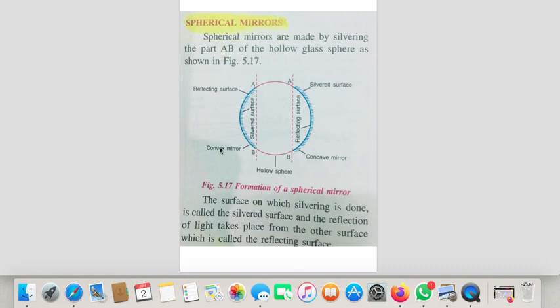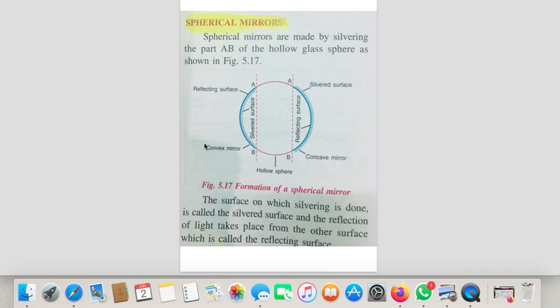In a plane mirror, the part which is polished is the silvered surface, the painted part, and the other part is called the reflecting surface. When the light rays strike this particular unpolished surface, they get reflected.